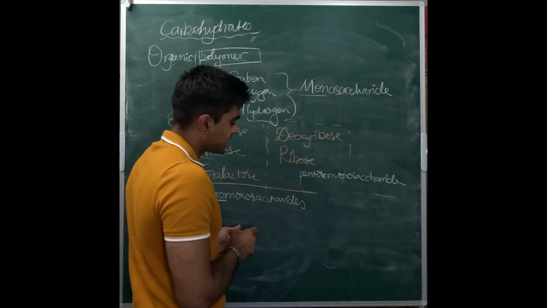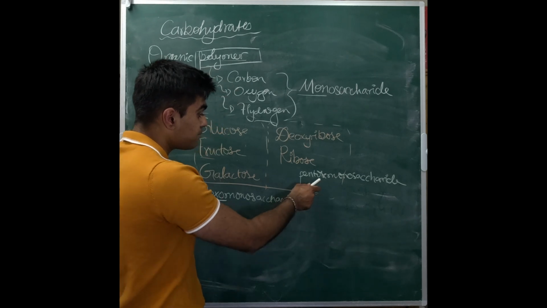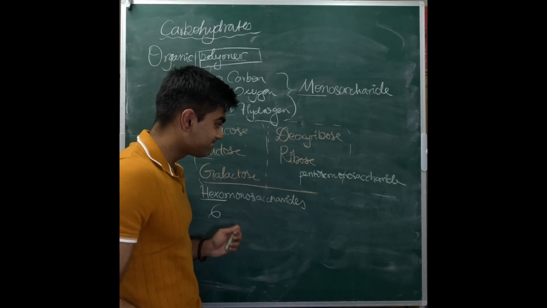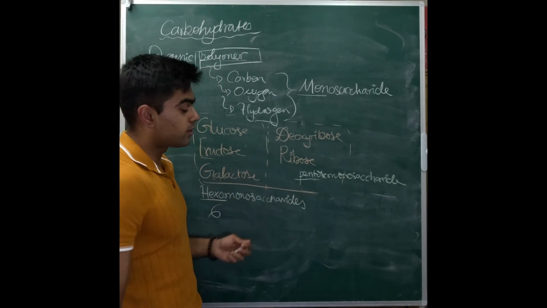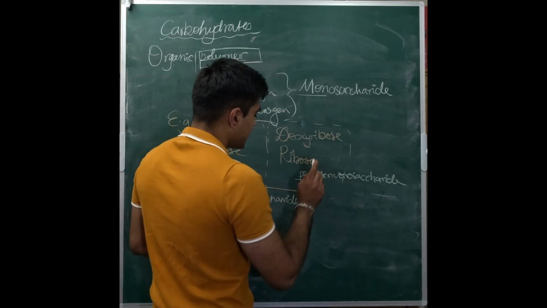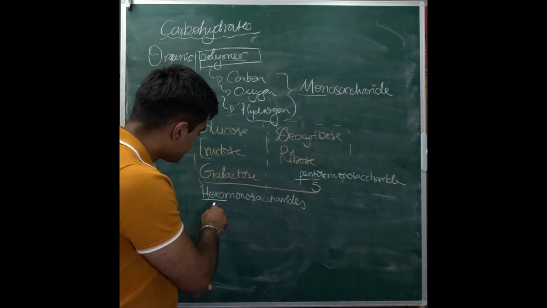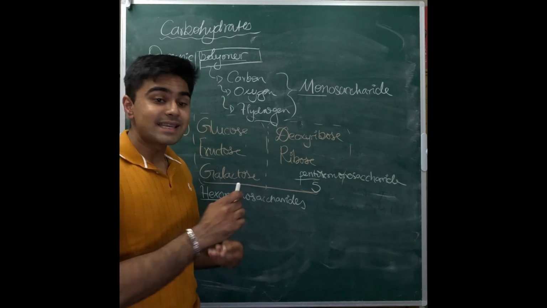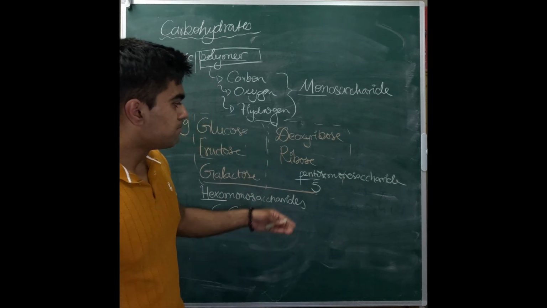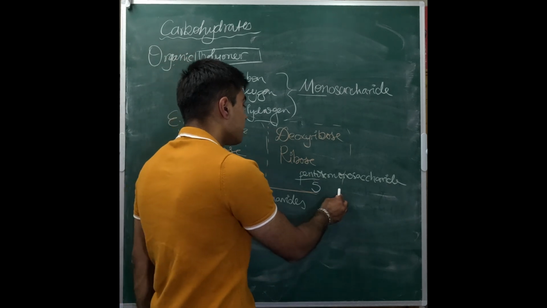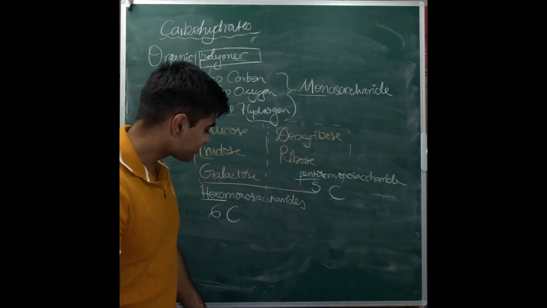Right, now take a guess, what number of carbon atoms are here? Pentose, pentagon, 5. Right, that's it, literally. Hexose monosaccharide means 6 carbon atoms. Pentose monosaccharide means 5 carbon atoms.